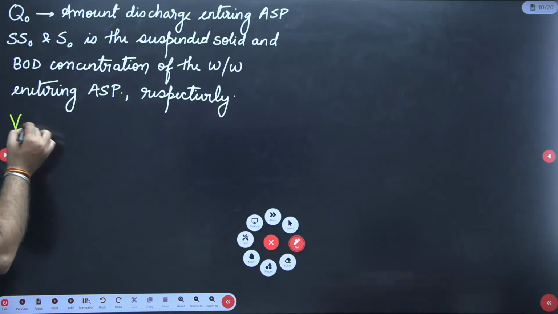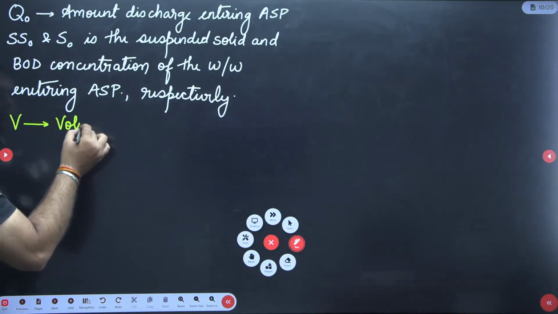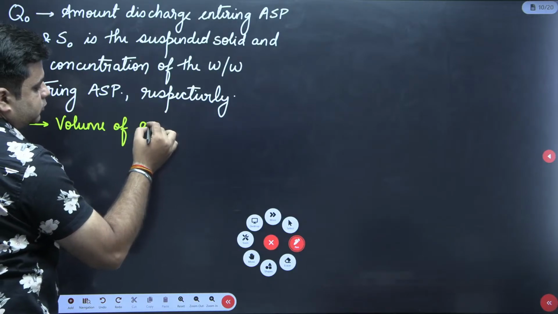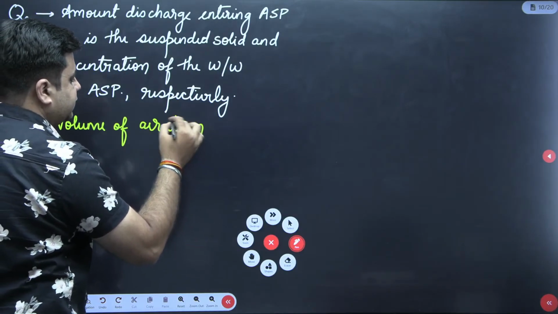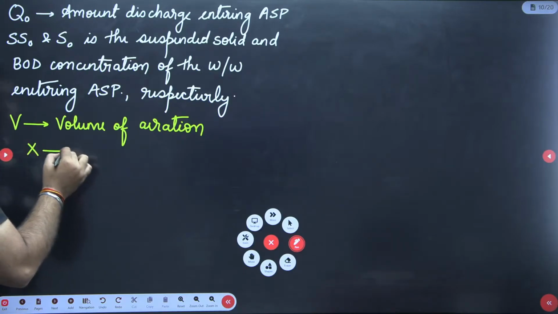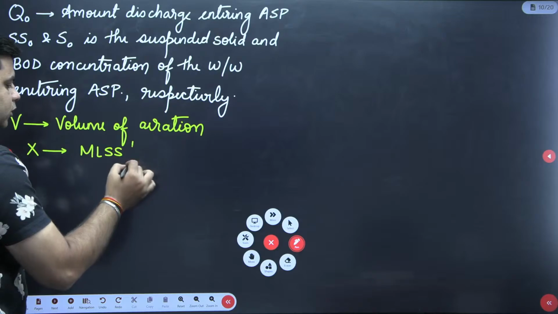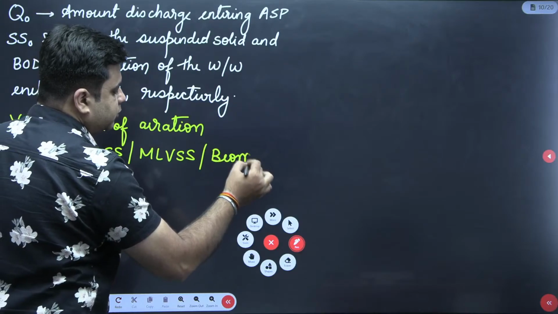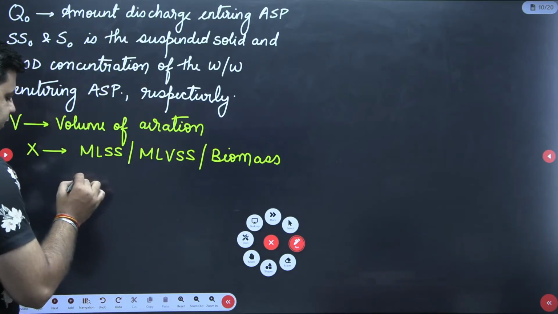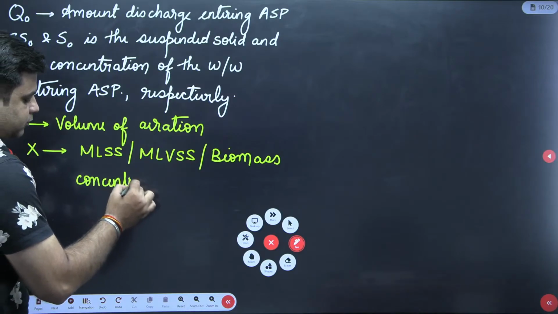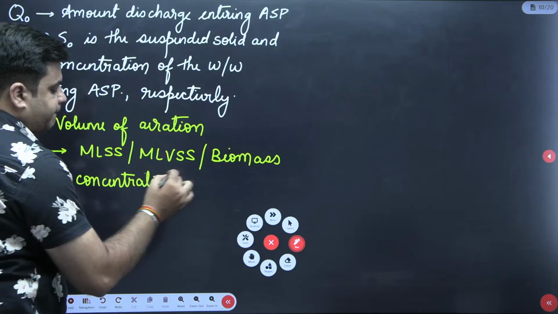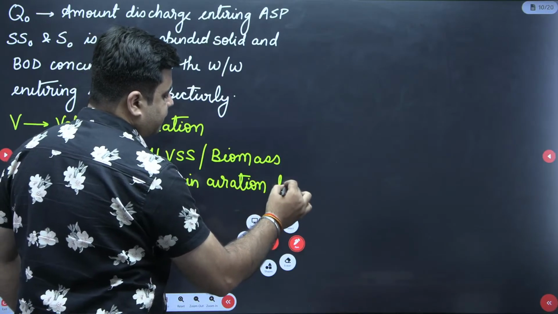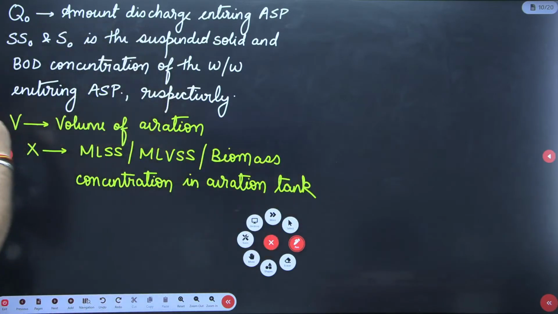V is the volume of aeration tank. Then X is the MLSS or MLVSS, in simple words, the biomass concentration in the aeration tank.